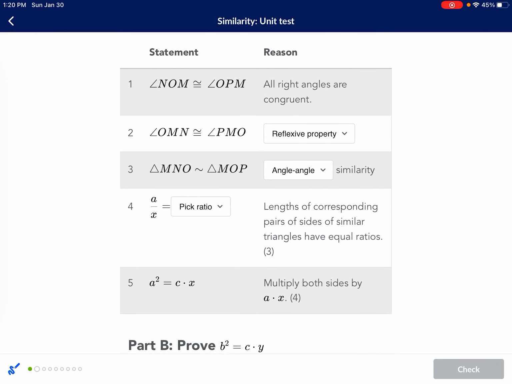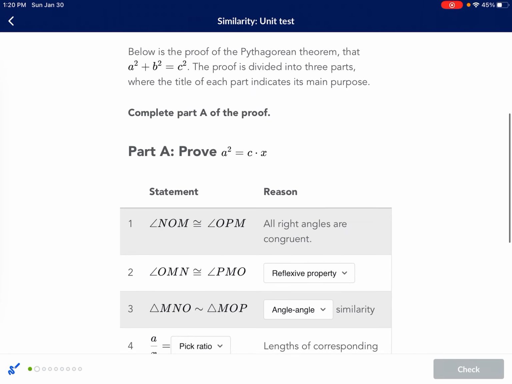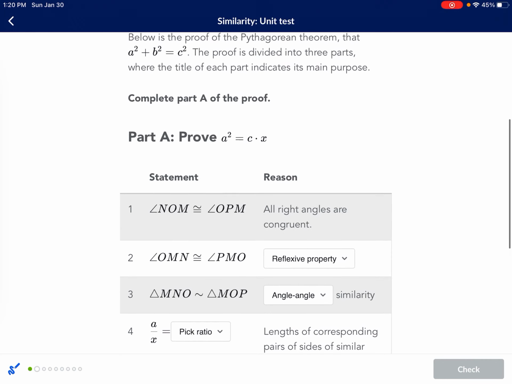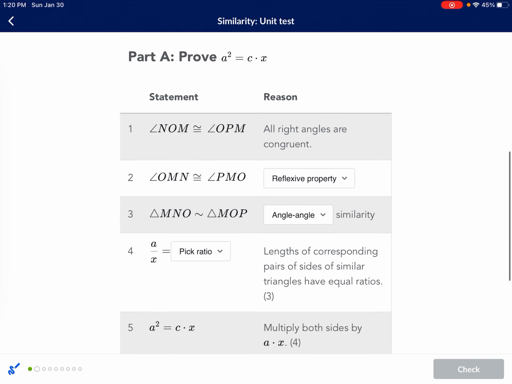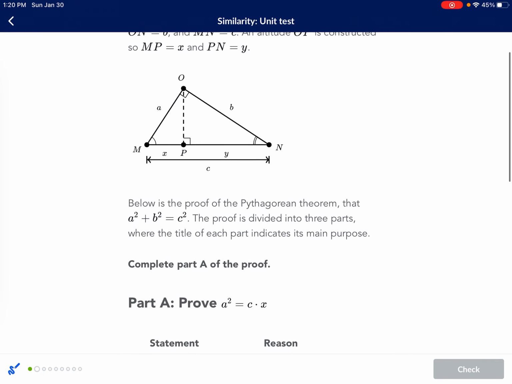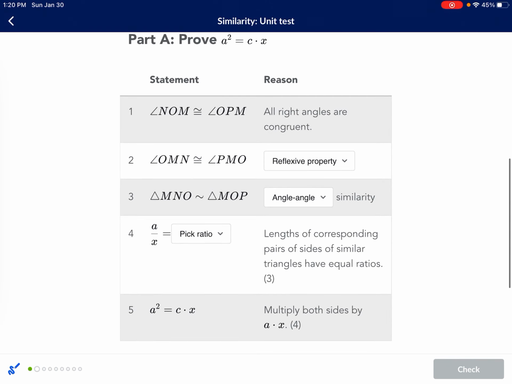A over X. So MO over MP is the same thing as B over A. That is ON over OM. ON over OM.